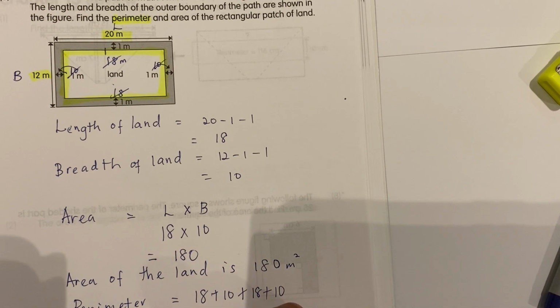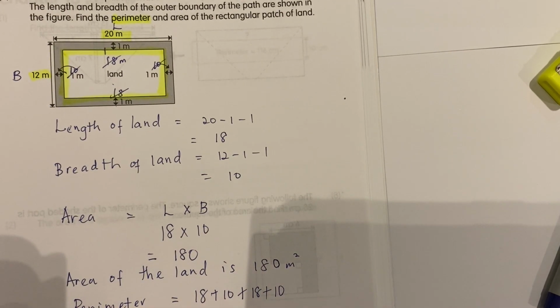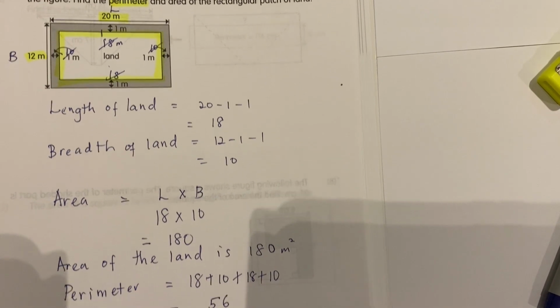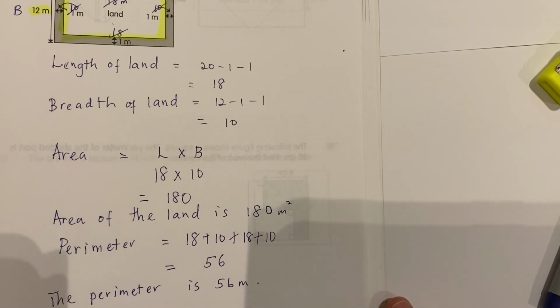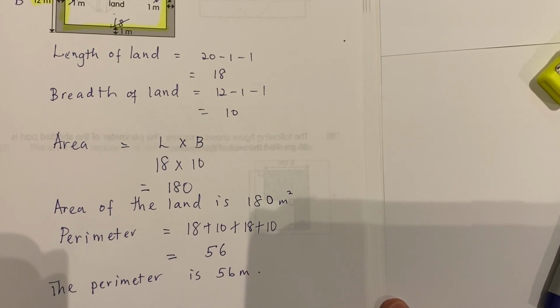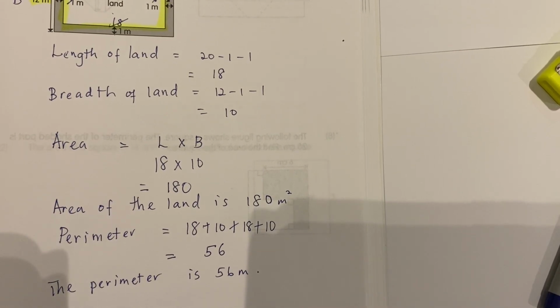So your answer is 56. So the perimeter is 56 meters. Okay, everybody?